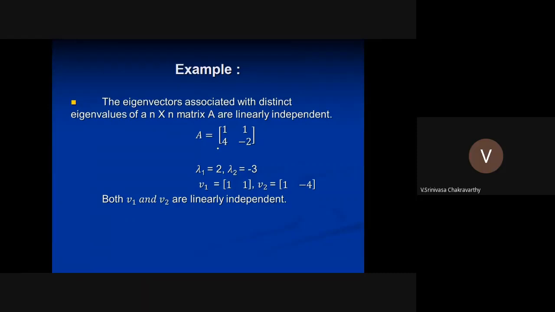A is a 2 by 2 matrix given by 1, 1, 4, and minus 2. If you solve this, the determinant of A minus lambda I is equal to 0.